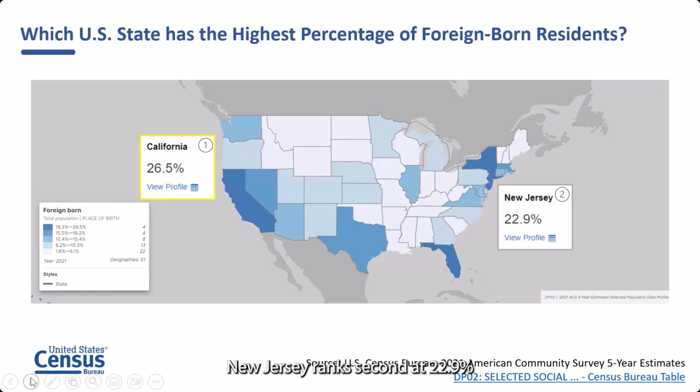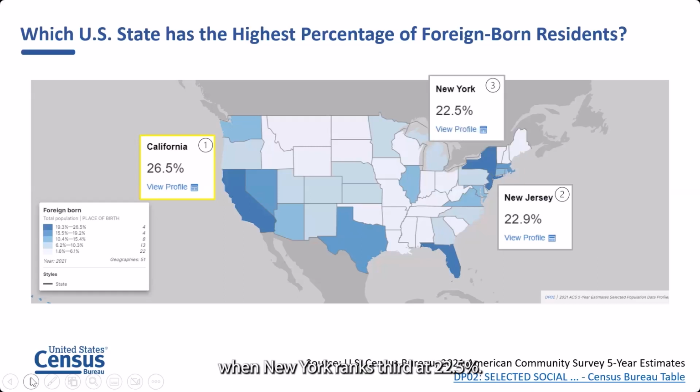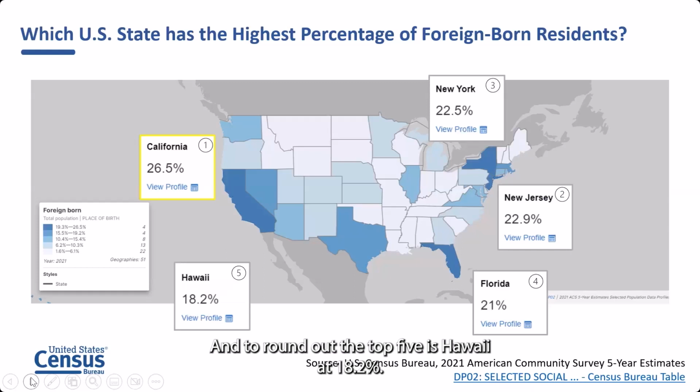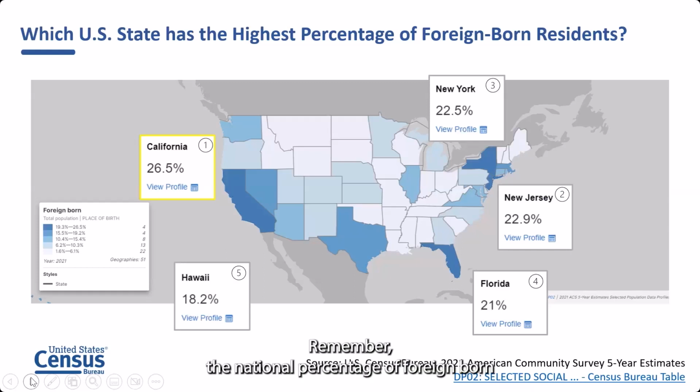New Jersey ranks second at 22.9%, while New York ranks third at 22.5%. Fourth is Florida at 21%, and to round out the top 5 is Hawaii at 18.2%. And remember, the national percentage of foreign-born is 13.9%. Again, the link to the table is at the bottom of the slide.